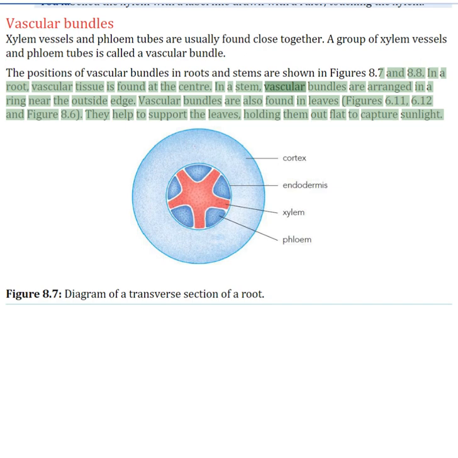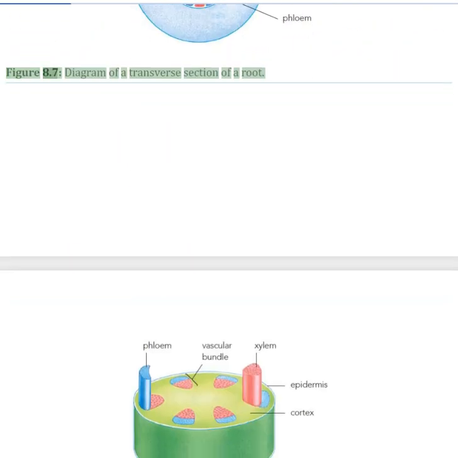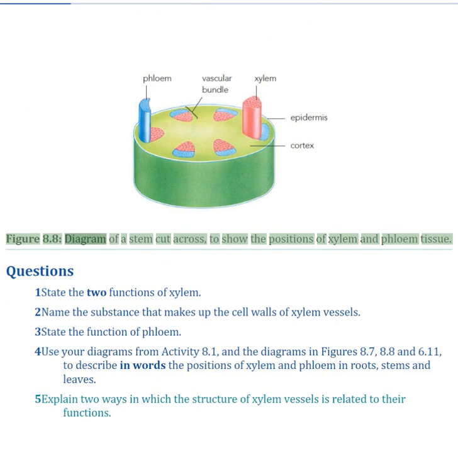In a stem, vascular bundles are arranged in a ring near the outside edge. Vascular bundles are also found in leaves. They help to support the leaves, holding them out flat to capture sunlight. Figure 8.7, diagram of a transverse section of a root. Figure 8.8, diagram of a stem cut across, to show the positions of xylem and phloem tissue.